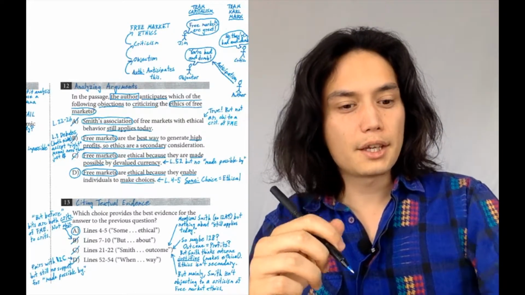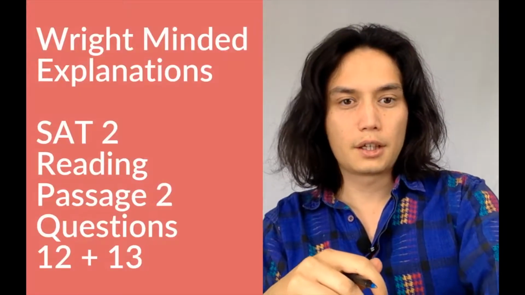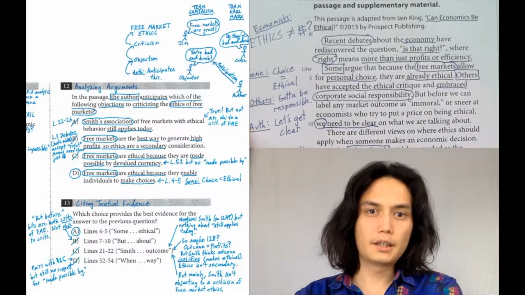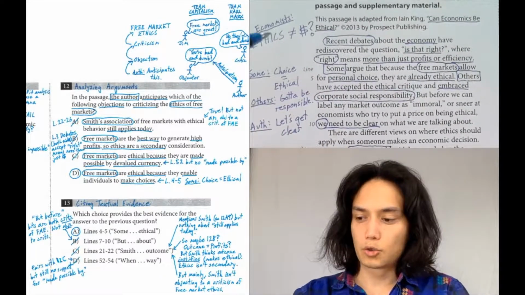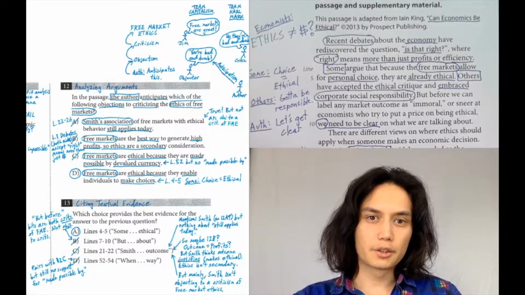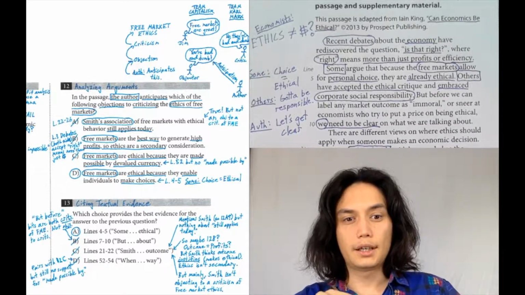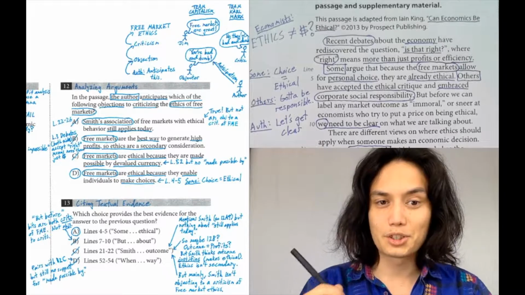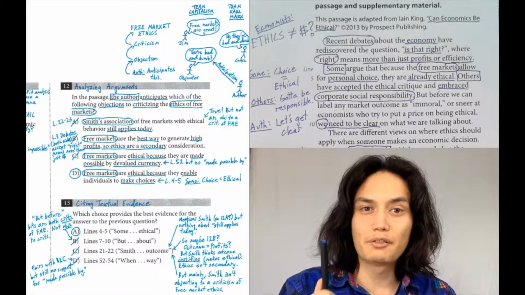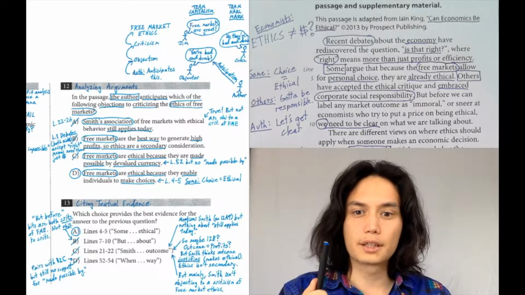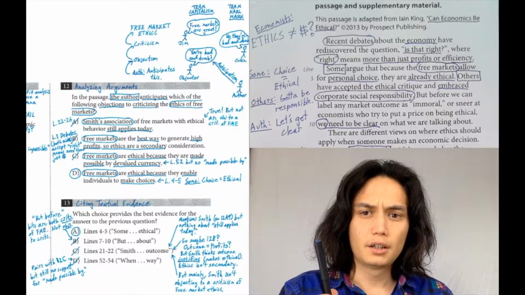All right, maybe that idea is familiar to you. The idea would be familiar to you from up here, where it says right means more than just profits or efficiency. Here in the annotations video, I was making a joke about economists only recently learning that punching babies might be bad even though it's profitable. And it's that implied position of the previous economists that might be tempting here, right?